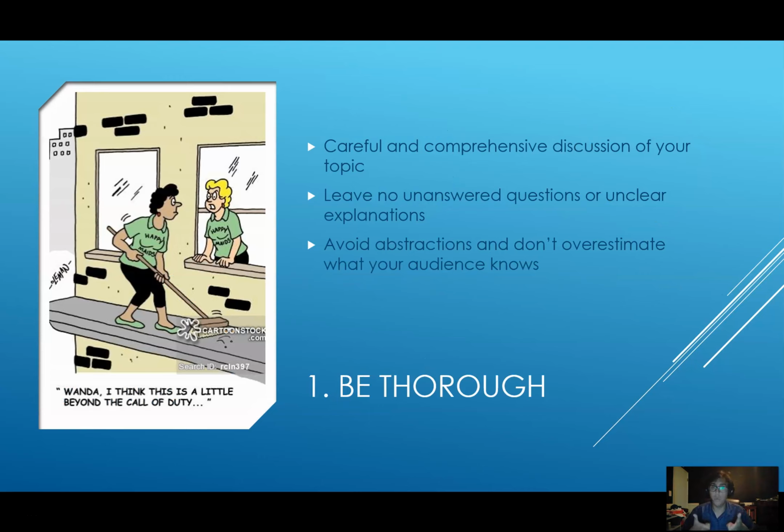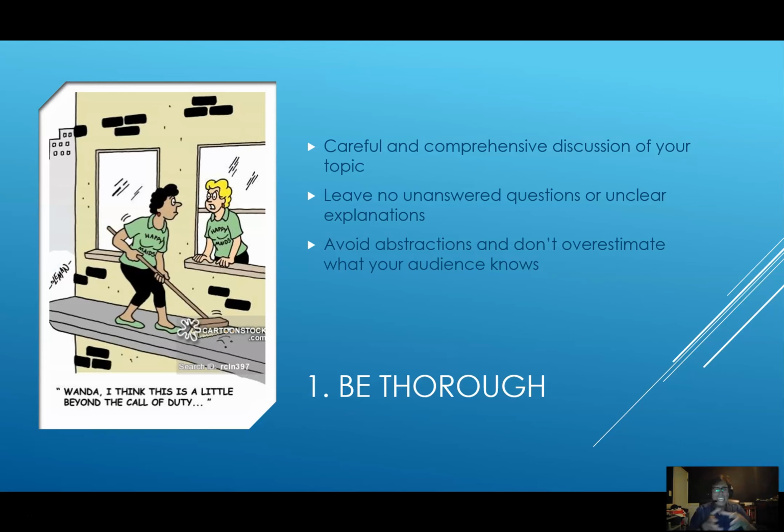With this golden rule of be thorough, we have to have a careful and comprehensive discussion of the topic, leaving no questions unanswered or unclear explanations, avoiding abstractions, and not overestimating what the audience already knows.